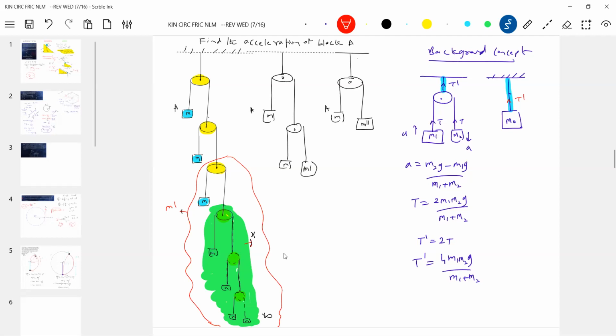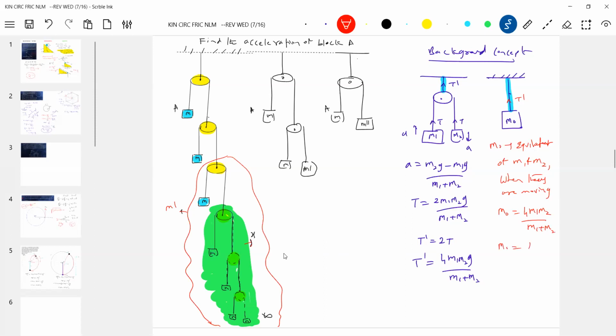So what is m naught? m naught is the equivalent of m1 and m2 when they are moving like this. So this m naught should be equal to 4 m1 m2 by m1 plus m2.